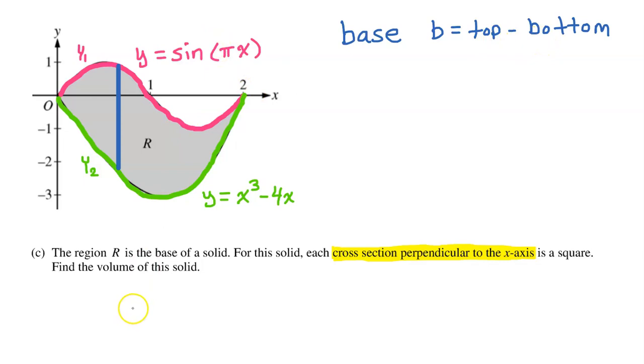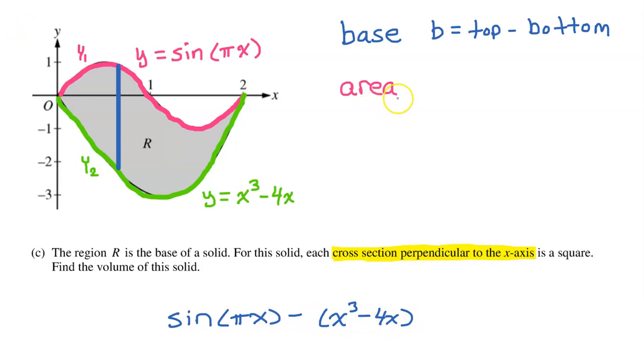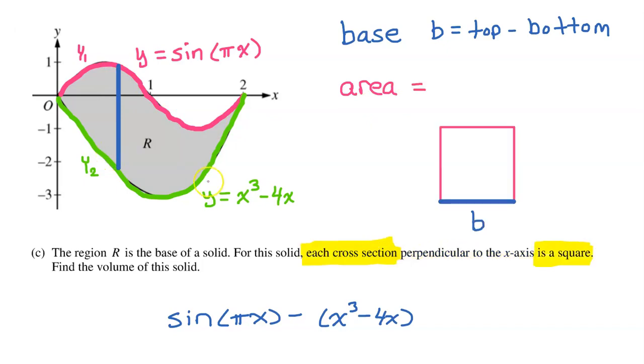So in this case, that will be sine of pi x, that's the top function, minus x to the third power minus 4x. That's the bottom function. Make sure you include the parentheses. Step 2 is to come up with an expression for the area of a single slice.